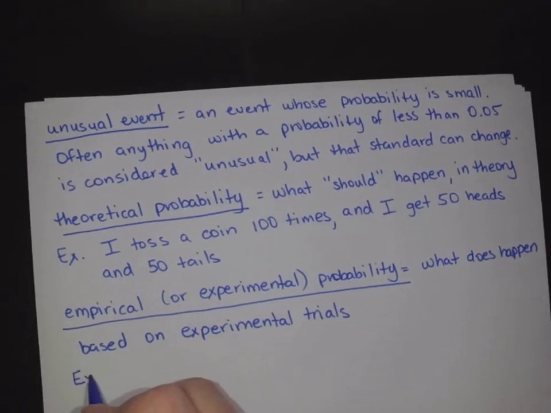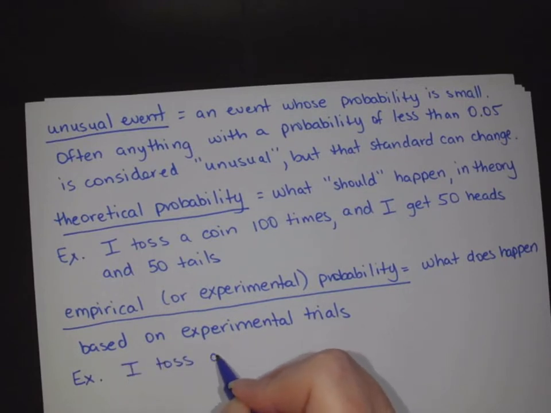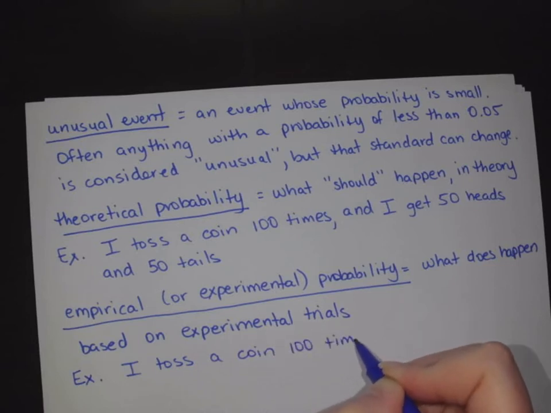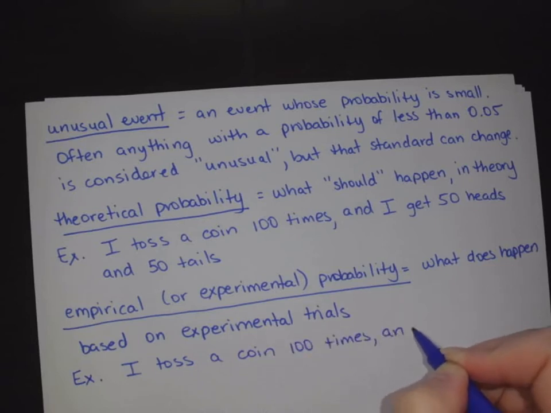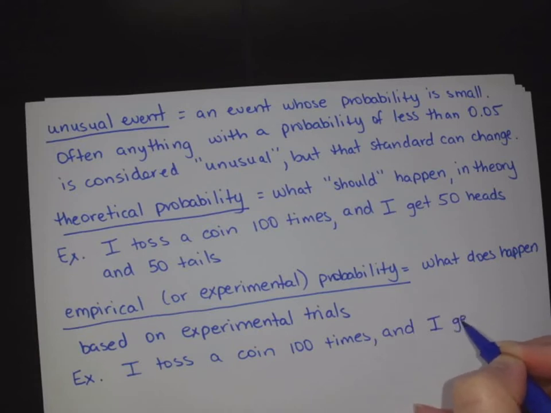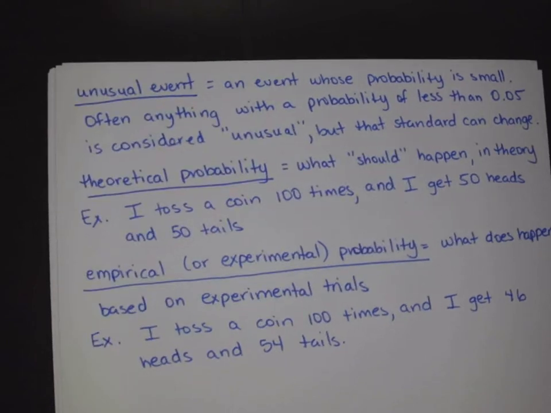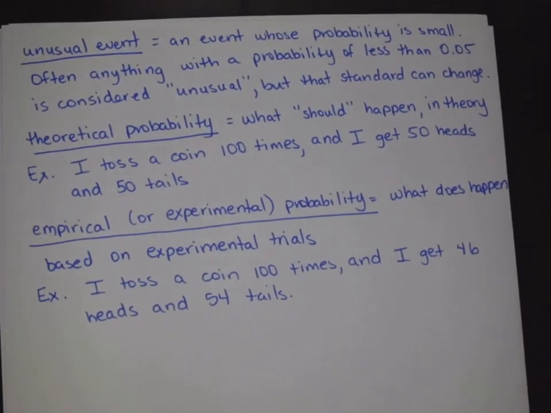So let's take that coin toss again. Let's say I toss a coin 100 times and I actually record my results, but let's say that I get 46 heads and 54 tails. Notice that's not crazy different from what we expected, which was 50 and 50, but it is a little bit different.